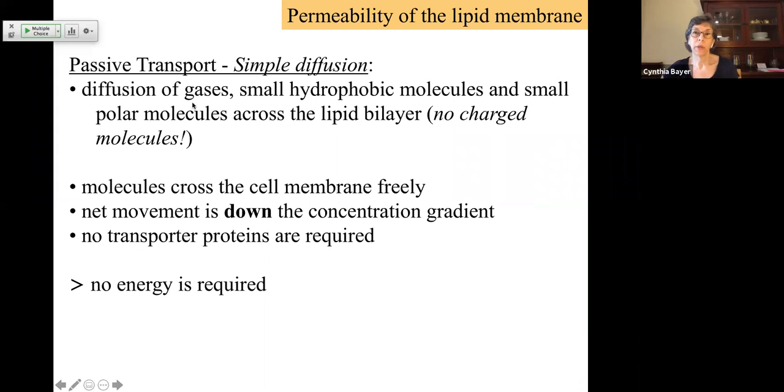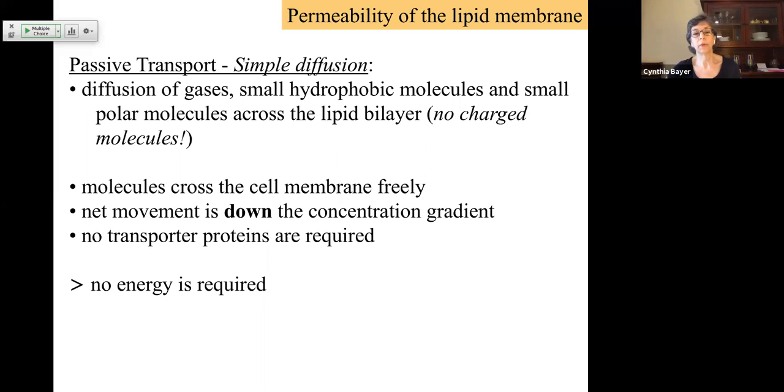When we're talking about transport or movement across the membrane, the first thing we're looking at is whether that's going to require energy or whether it is a spontaneous process.